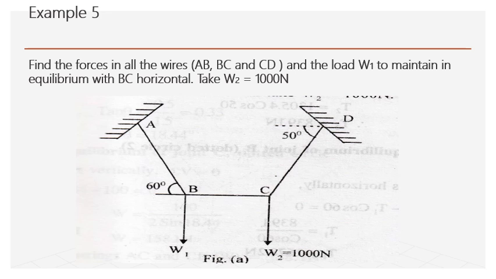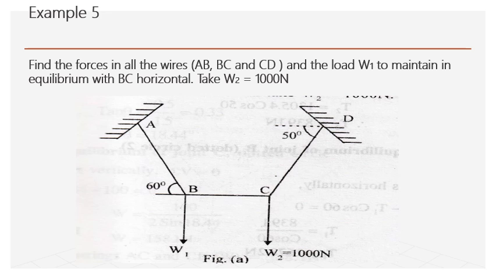Let's see the examples. Last time we solved some problems, so let's see similar ones, with the difficulty level a little increased. Please observe the diagram. Find the forces in all the wires AB, BC and CD and the load W1 to maintain the equilibrium with BC horizontal.